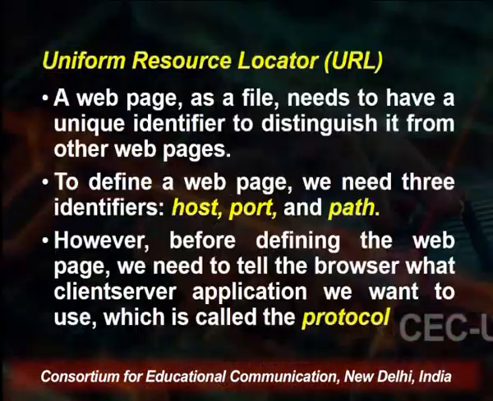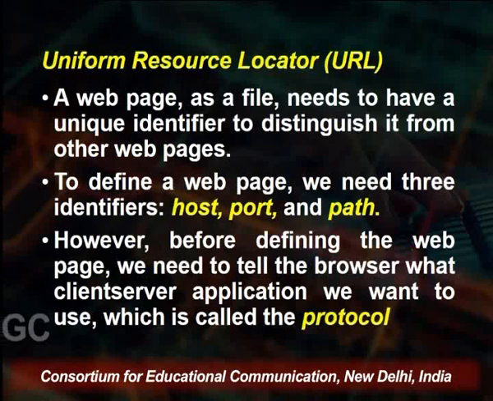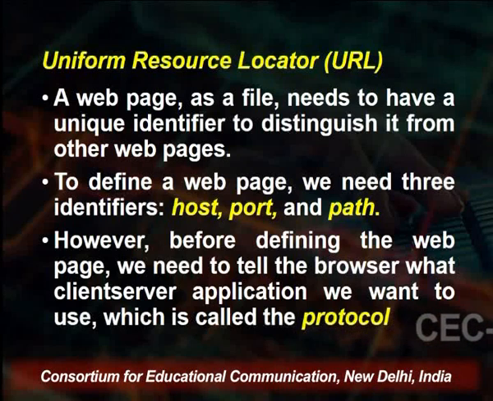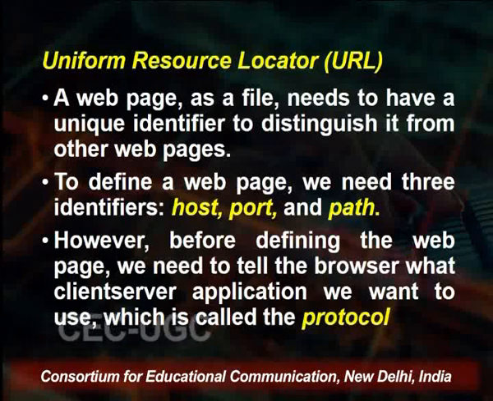Now, when I say that a web page is basically a file, it is important that every file or every web page is uniquely identified, uniquely distinguishable from other web pages. To define a web page, we basically need three identifiers. First is the host, then the port, and then the path.